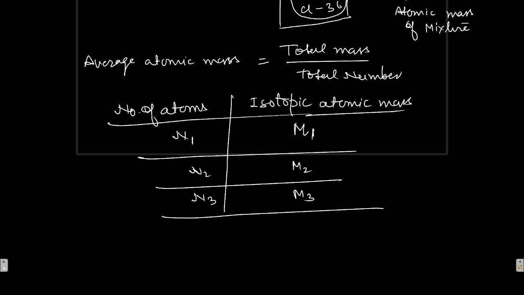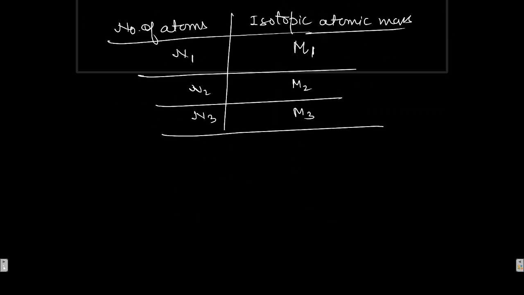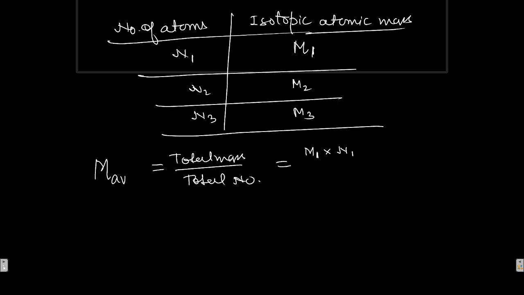So friends, suppose that we have like this. What we have to do, basically, is take the average of all these: total mass upon total number. Here one atom has the mass M1, so for N1 atoms, the mass will be M1 into N1.